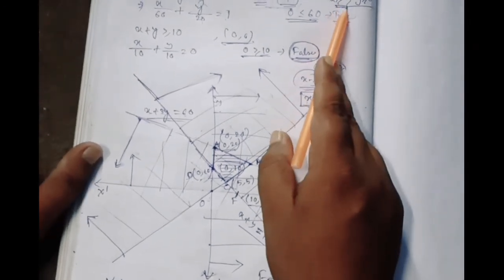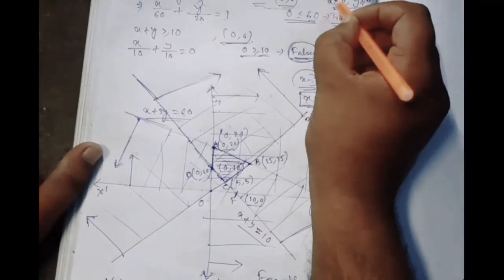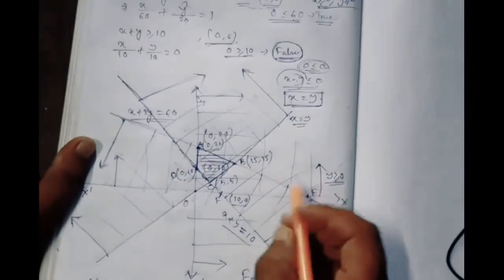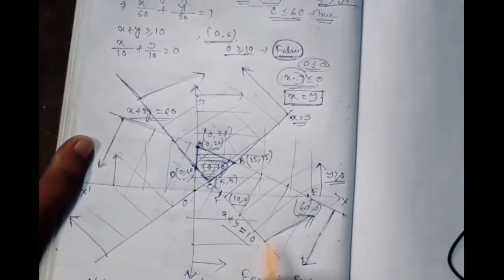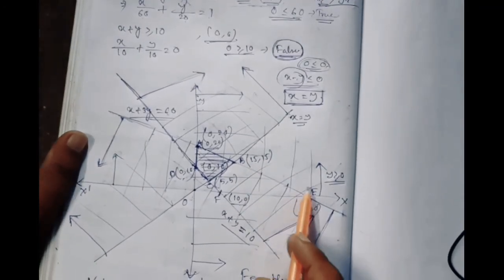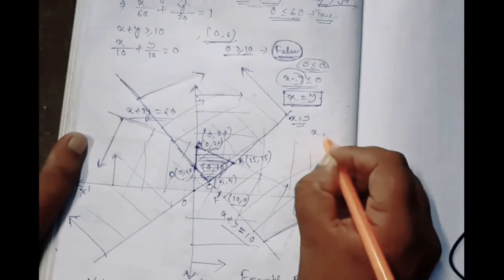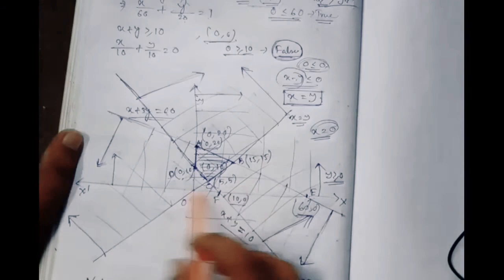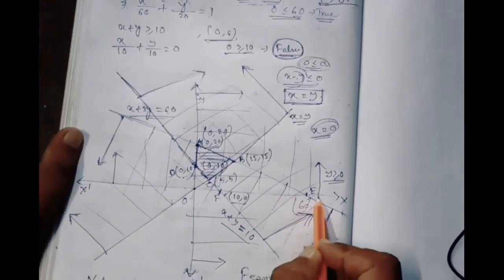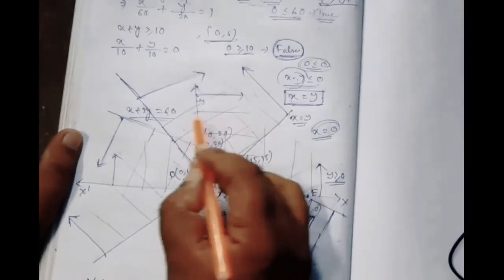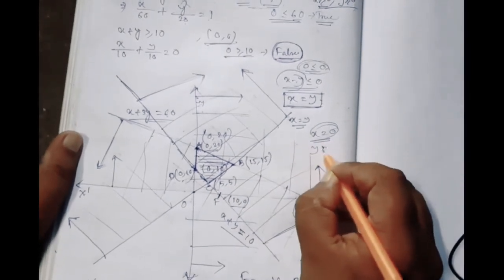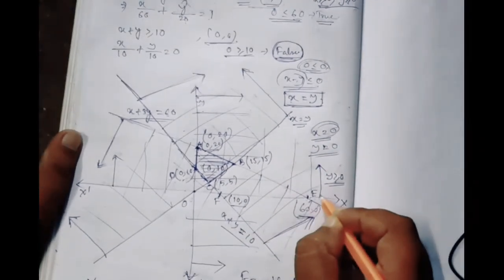Now again, x greater equal to 0, y greater equal to 0. Now for x greater equal to 0, we will take x equal to 0, this straight line. X equal to 0 means y axis. So the region should be here, and y greater equal to 0 means y equal to 0, that is x axis.